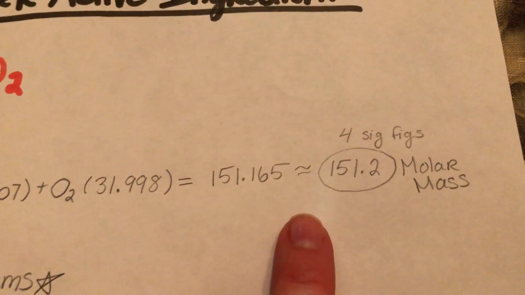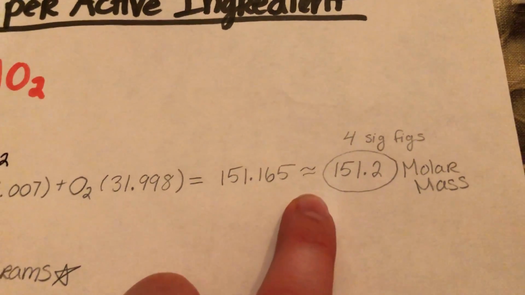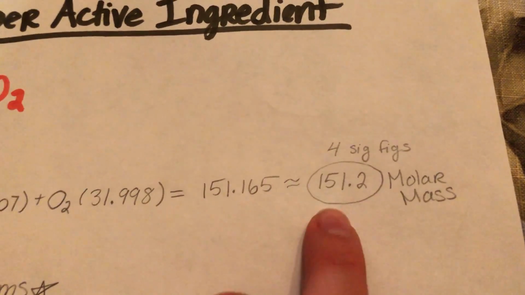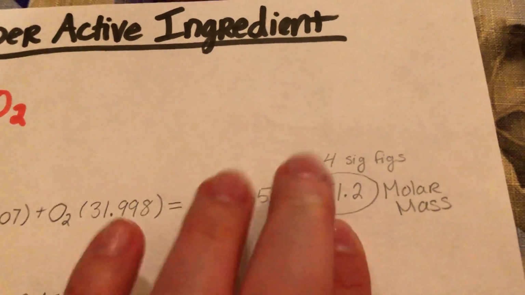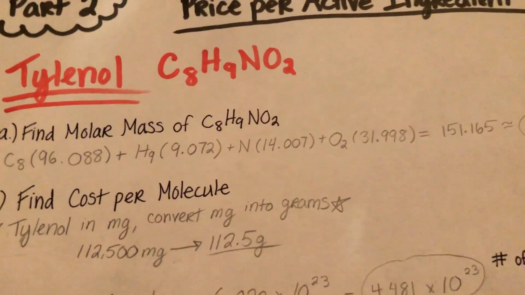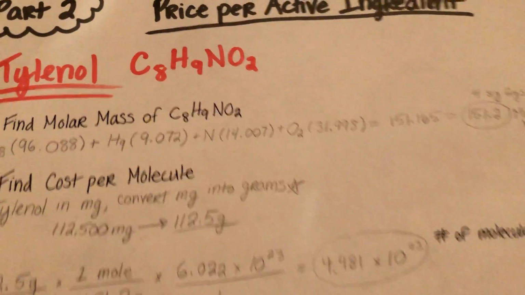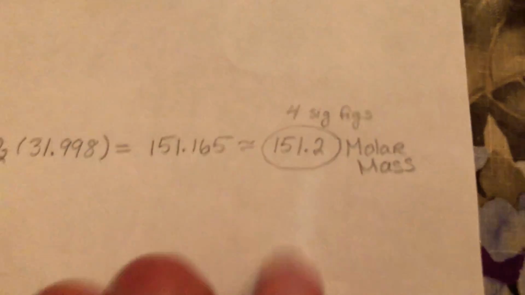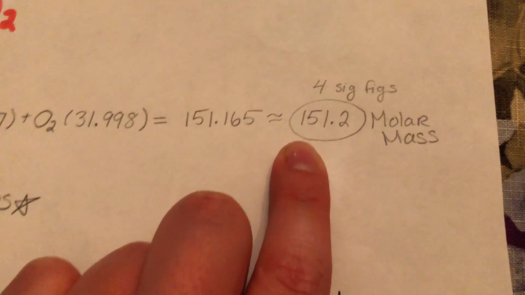So I get this, and I'm rounding to 4 sig figs because we're adding, and that's the least amount of sig figs that are being added. I hope I'm doing that right. So I get 151.2 molar mass.